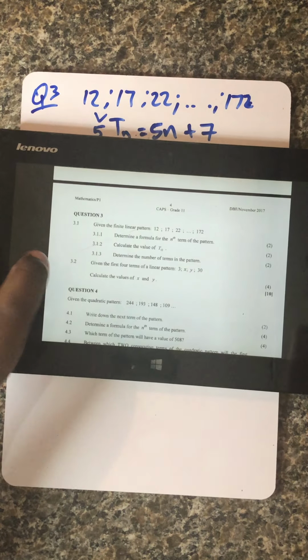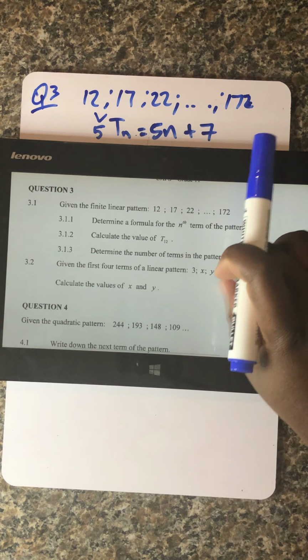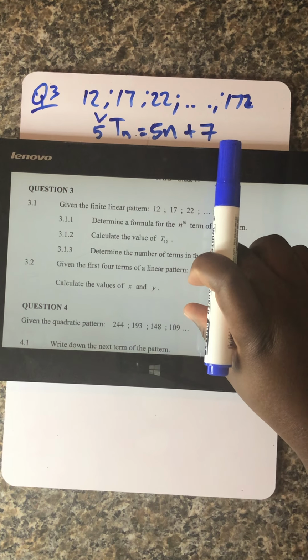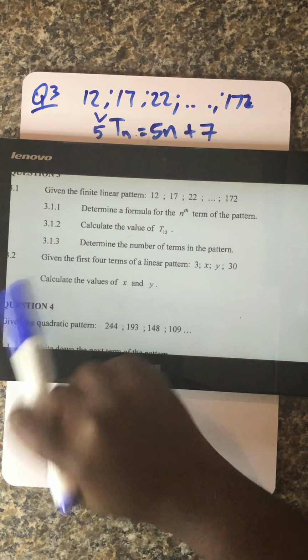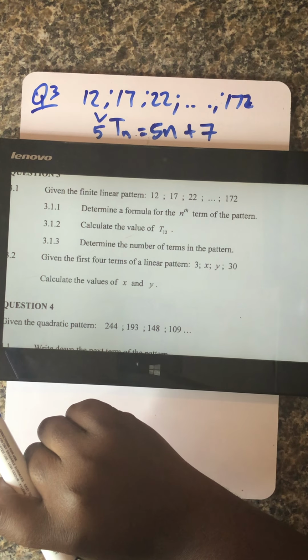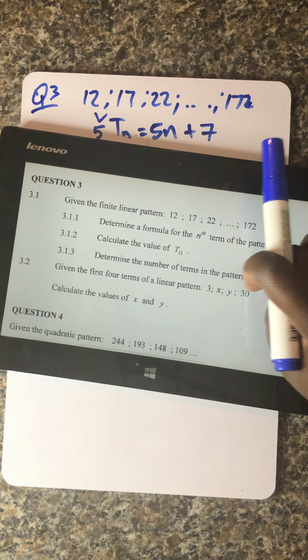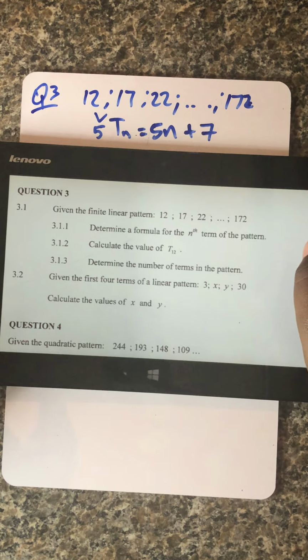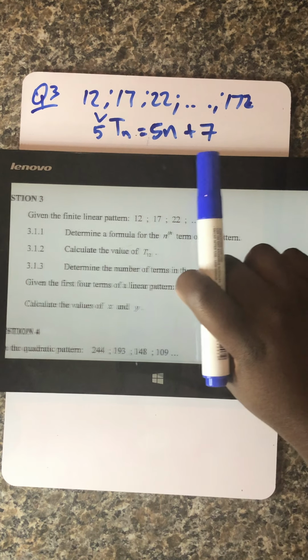So ladies and gentlemen, let's have a look at question 3.1.3. You know, I'm just thinking about this question, guys. I think it's one of those questions which will even make this lesson interesting because I still have a lot to explain.